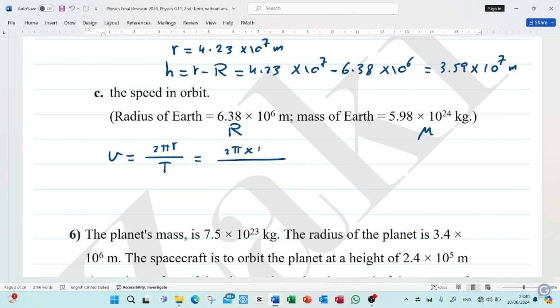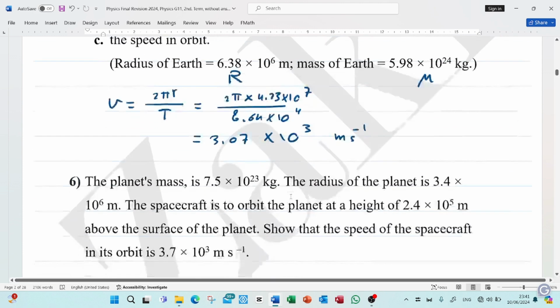R small is 4.23 times 10 power 7 divided by the time period 8.64 multiply 10 to the power 4. By using the calculator, the answer is 3.07 multiply 10 to the power 3. The unit is meter per second. Next question.